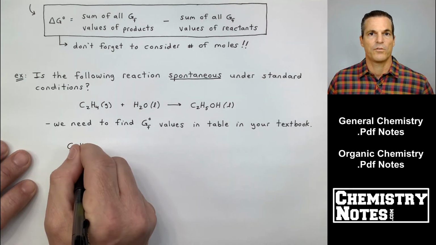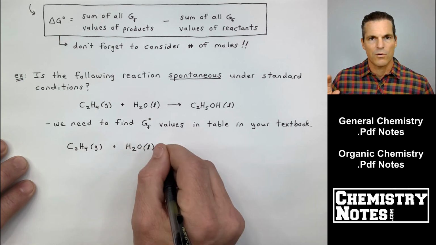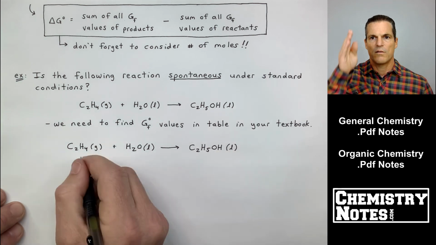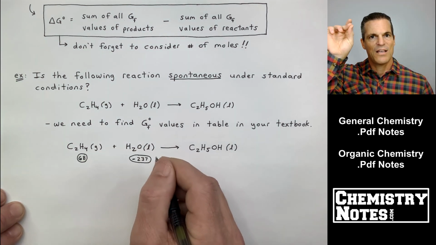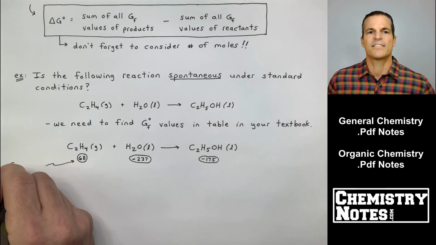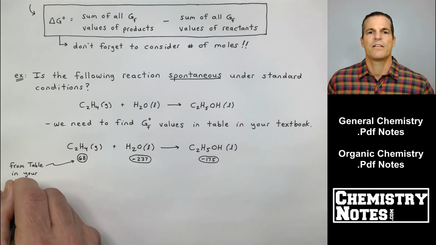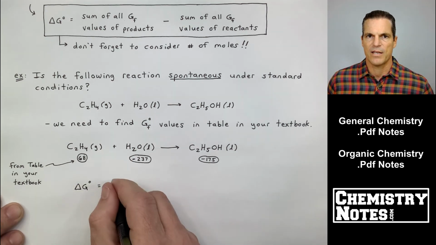Sometimes it's referred to as an appendix. Same appendix or same table that has all the columns for heats of formation. And this is free energies of formation that I'm concerned with now. It also had the entropies as well. So the 68, the negative 237, and the negative 175, these are all values that I looked up in the table in the back of my textbook.